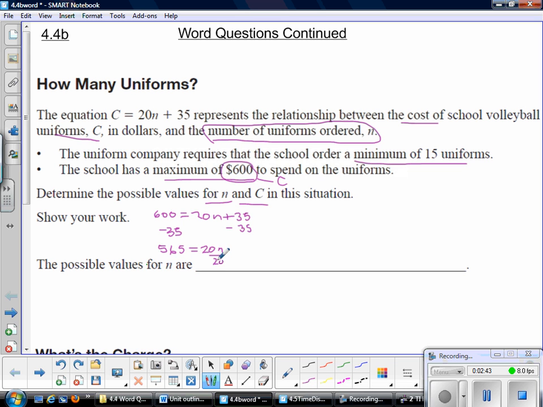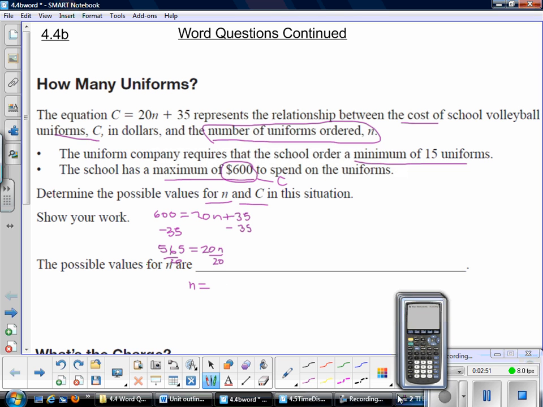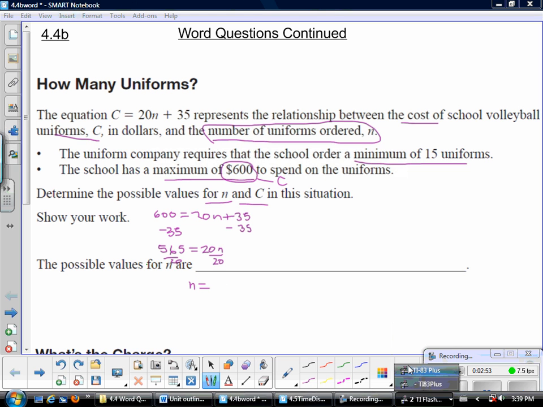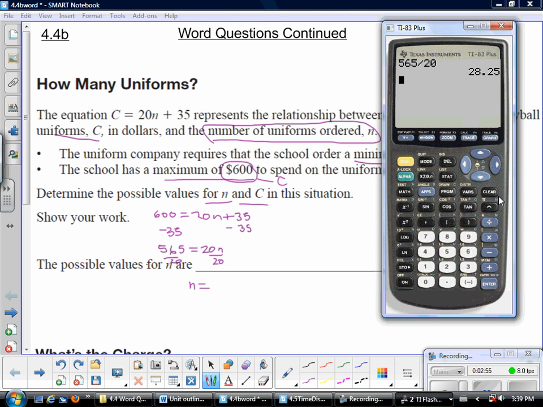And I know that that line is in my way. They actually do give you a little bit more room. So I know that that doesn't go evenly. Now, if I could do it in my head, I can, or I can bring up my calculator, which is no problem, and I would go 565 divided by 20 equals 28.25.